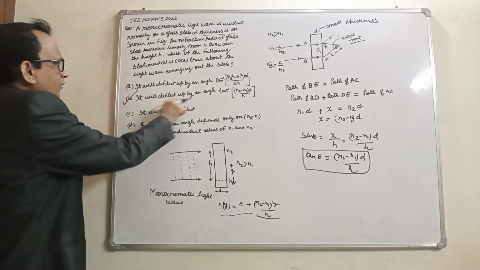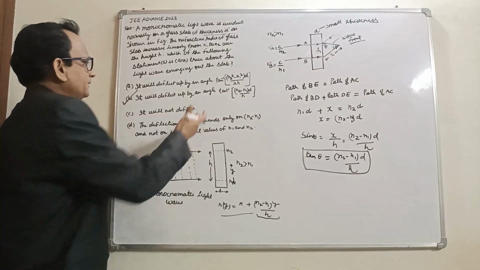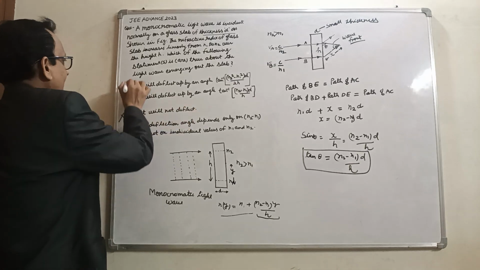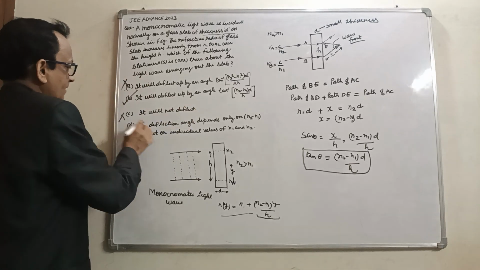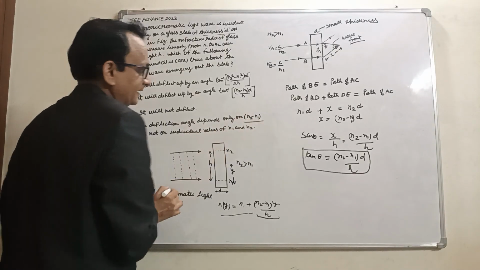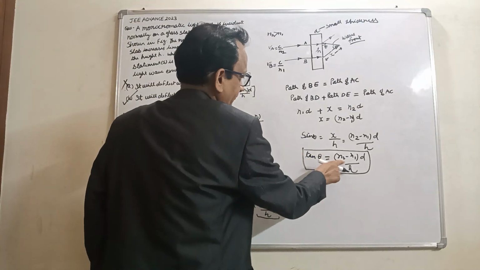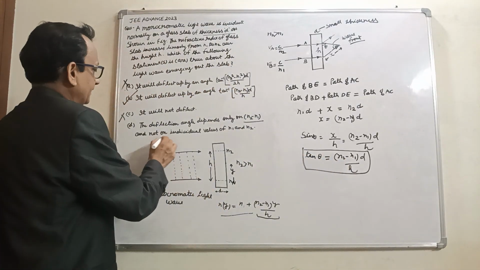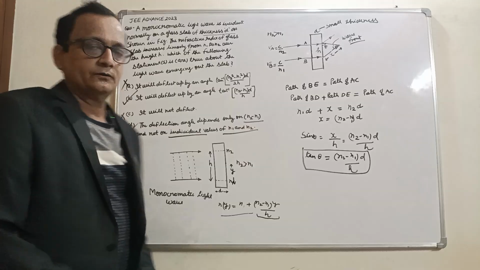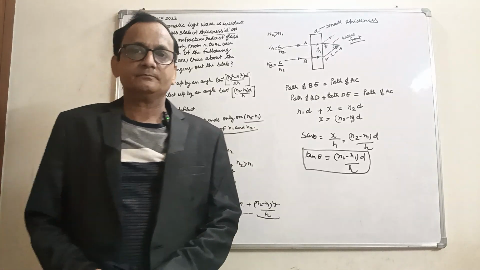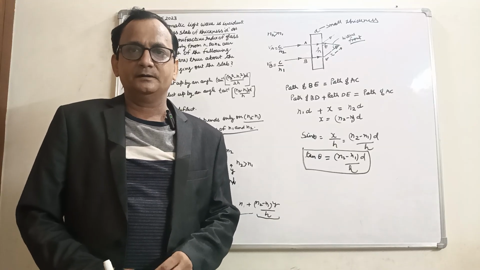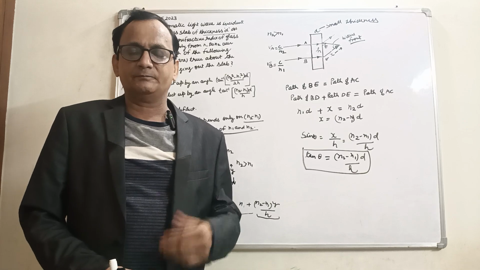So we consider this option correct, this option is incorrect, it will not deflect, and the first option is also incorrect. And the final option, the deflection angle depends only on N2 minus N1 and not on the individual values of N1 and N2, so this option is also correct.